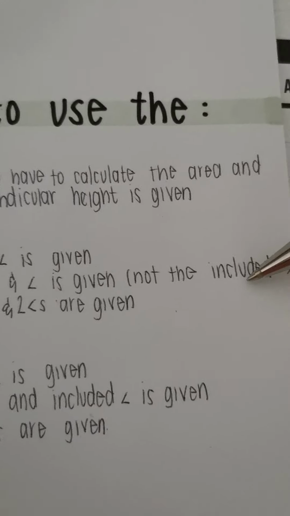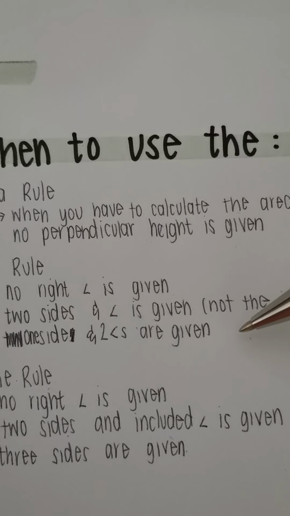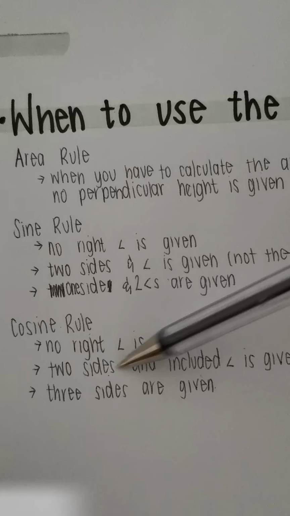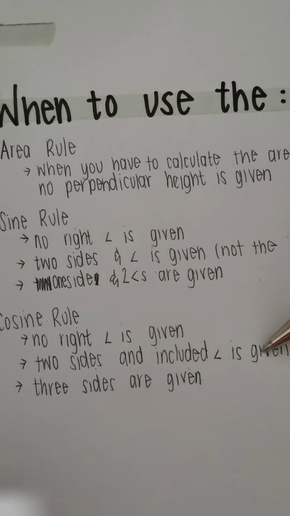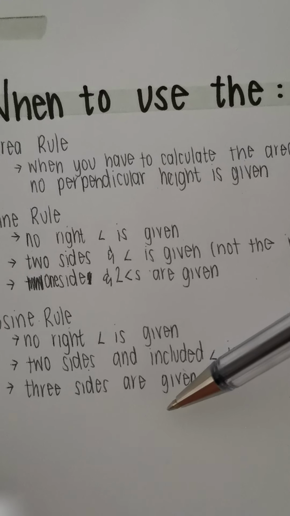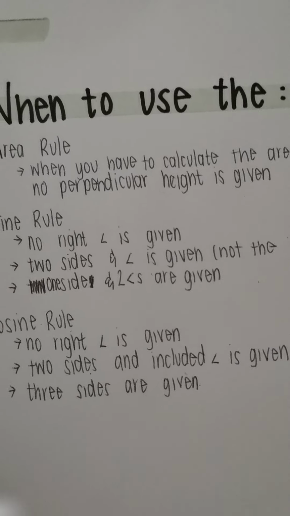I also wrote here not the included angle. Where it is the included angle, you're going to be using basically the cos rule. So two sides and an included angle is given, or else if three sides are given, then you can also use the cos rule to determine one of the angles or two of the angles.